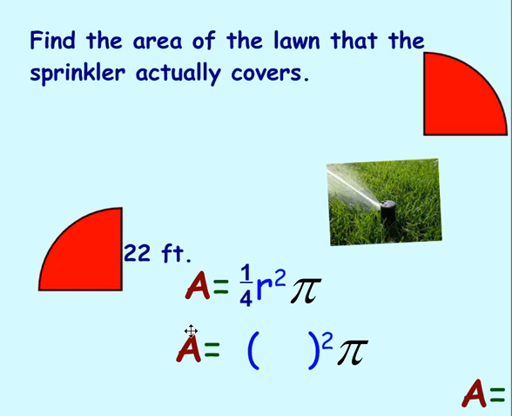So when I go through my math, the nice thing is I believe this is going to be my radius, because it's going to be 22 feet from the center. The sprinkler's going to hit out about 22 feet consistently all the way out here. So I've got to go 22, type that in there.